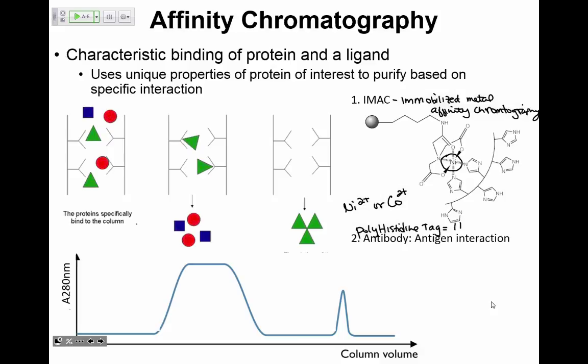And there's usually 6 of them. So I'll just write His6. All right, so you can engineer a polyhis tag, and that's what's shown here. 1, 2, 3, 4, 5, 6. At either the N terminus of your protein or the C terminus of your protein in order to be able to use this as a type of chromatography.